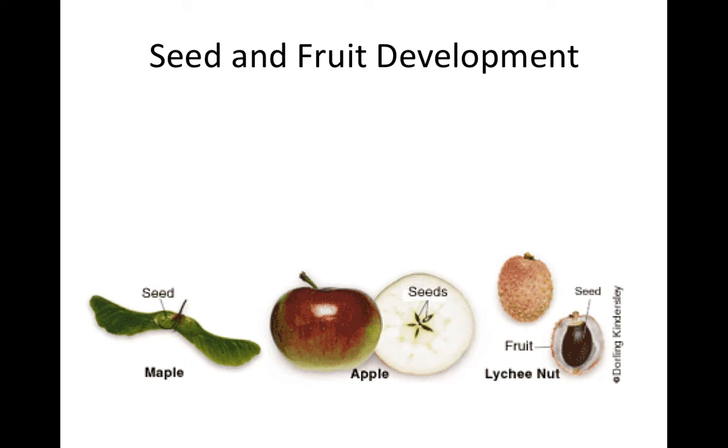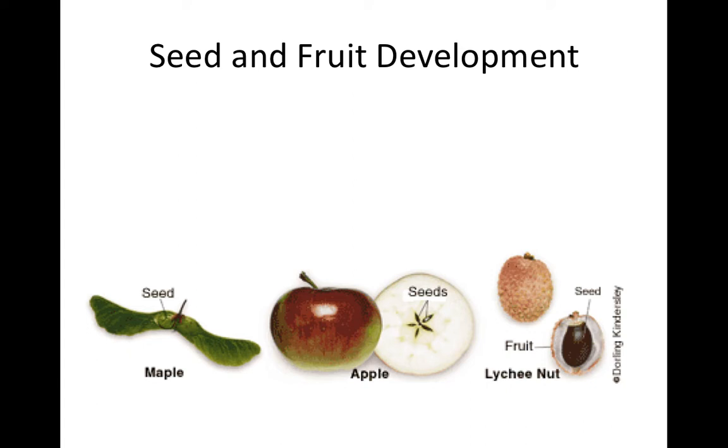So, last set of notes we talked about angiosperms and gymnosperms, kind of how seeds are formed. These set of notes are going to be focusing mainly on angiosperms because something that sets angiosperms and gymnosperms apart is that angiosperms also have the ability to make fruit around the seeds that they produce.